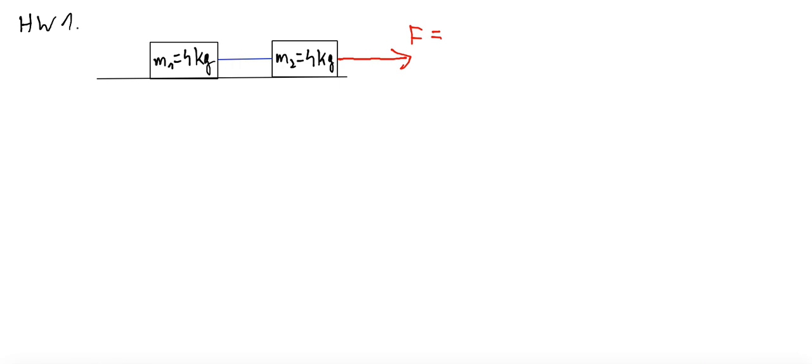There is friction, so between M1 and M2 the same frictional force acts opposite to the direction of motion. Friction will be equal to 10 newtons. The force acting on the system is equal to 40 newtons.